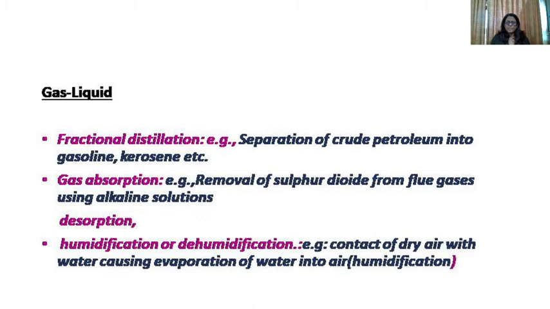One important application of gas absorption is how we remove sulfur dioxide, which is a harmful gas, from the flue gases before they are discarded from the plant. This is carried out using alkaline solutions as a solvent. When the mixture of flue gases is contacted with alkaline solutions, the sulfur dioxide gets absorbed in the alkaline solutions, thereby getting separated from the flue gases.